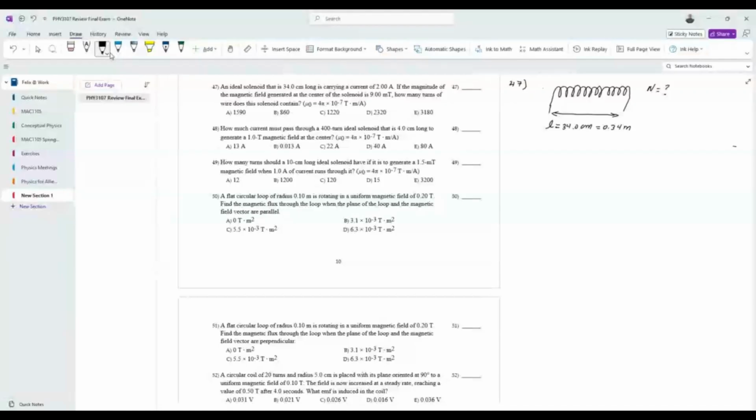So if it carries a current of 2 amperes, imagine that we have a current that goes like this.